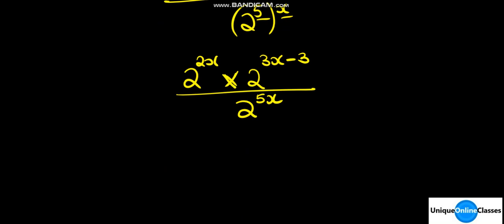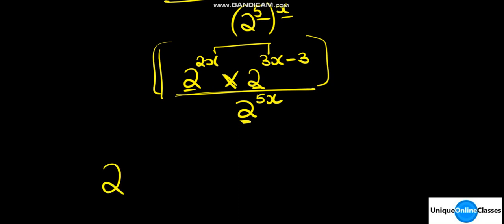Now let's write it down. Here we are multiplying numbers of the same base, so for the powers we are going to add, while for the numerator and denominator we are dividing numbers of the same base. So it's like 2 raised to the power 2x plus 3x minus 3.